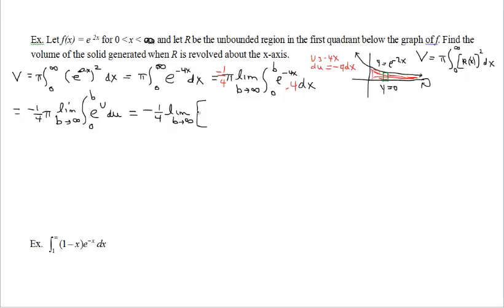Okay, integrating, I go back to e to the u being negative 4x, and in my next step I'll evaluate at the limits 0 to b. I think I left off a pi. Here's the pi.